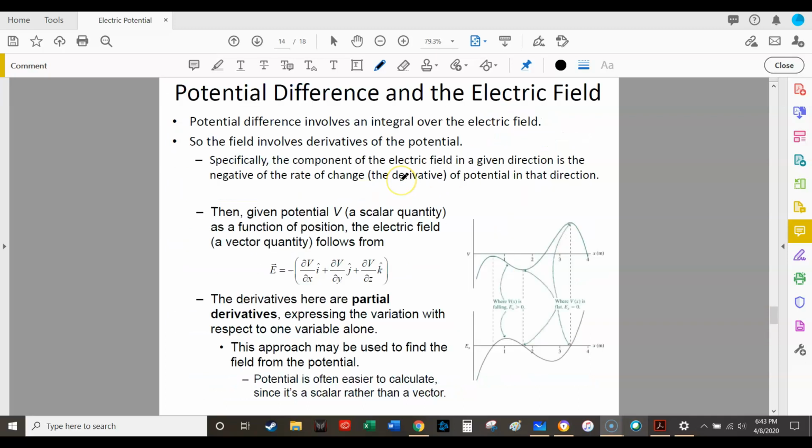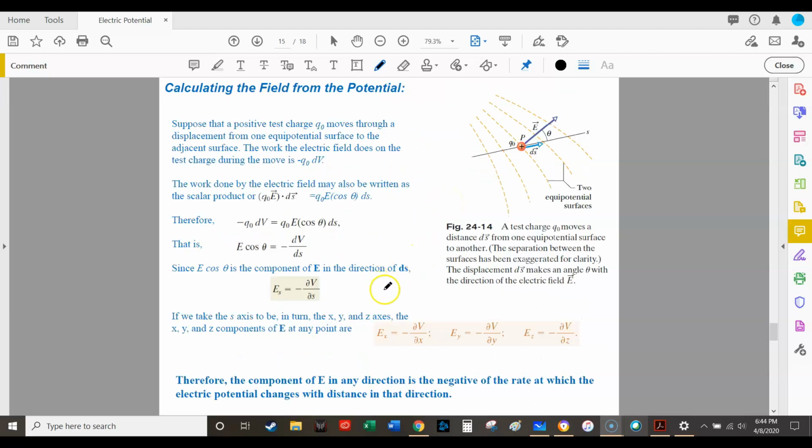If somebody gave you an electric field solution, you could differentiate that with respect to x, y, and z, depending on how many dimensions they give you, and use this to get the voltage in the x direction, the y direction, and the z direction, right?